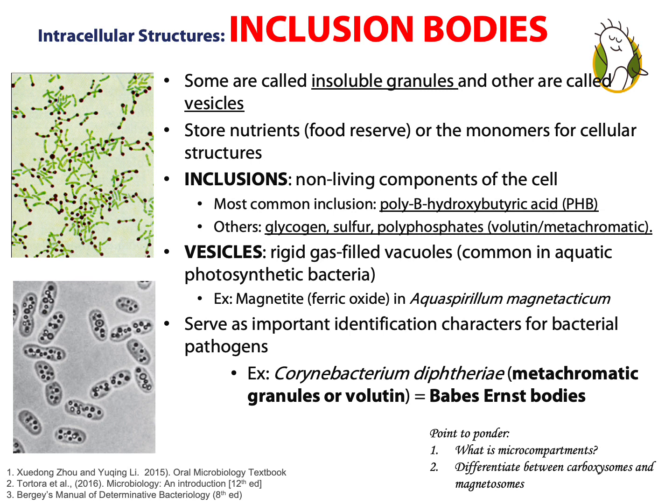And your inclusion bodies, by the way, also serve as important identification characters for some bacterial pathogens like your Corynebacterium diphtheriae. Your Corynebacterium diphtheriae contains inclusion bodies known as Babes-Ernst granules or Babes-Ernst bodies. These granules are made up of metachromatic or volatile granules.